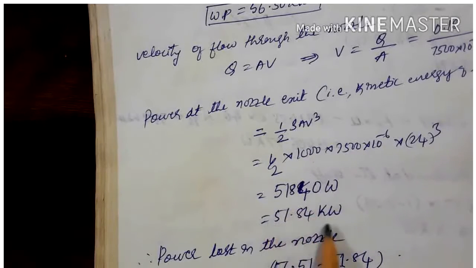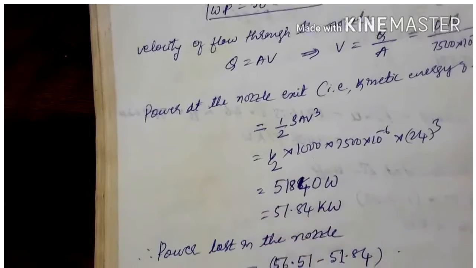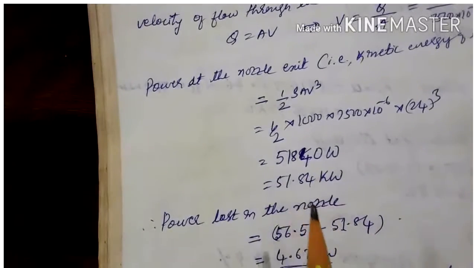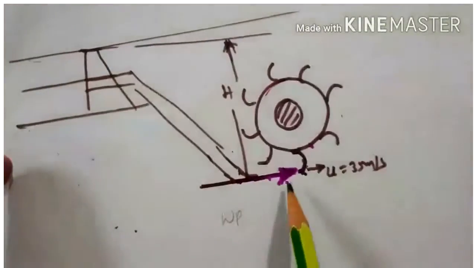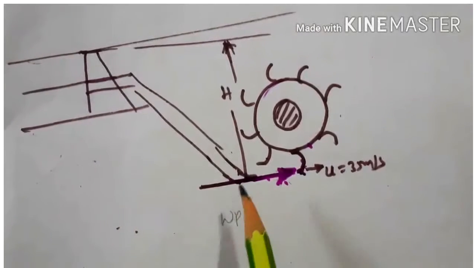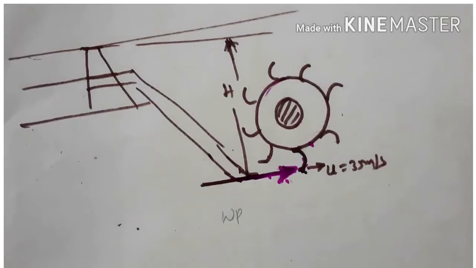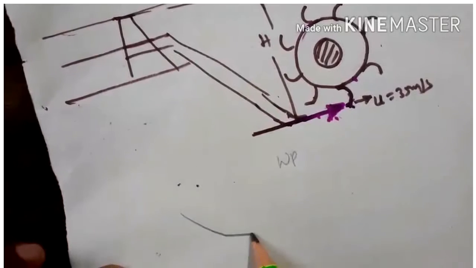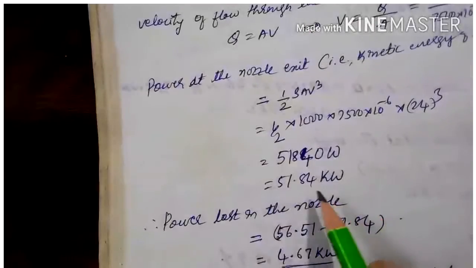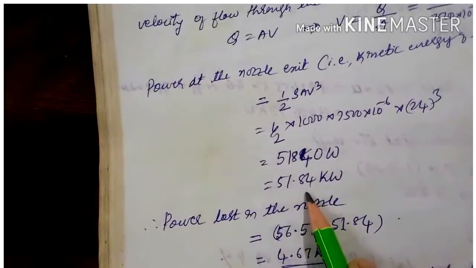This much is the power available at the exit of the nozzle. So this is the penstock and this is the nozzle. At the exit of the nozzle, the power available is 51.84 kilowatt.